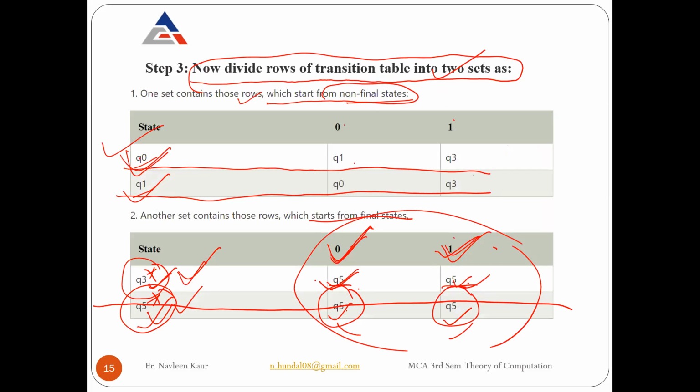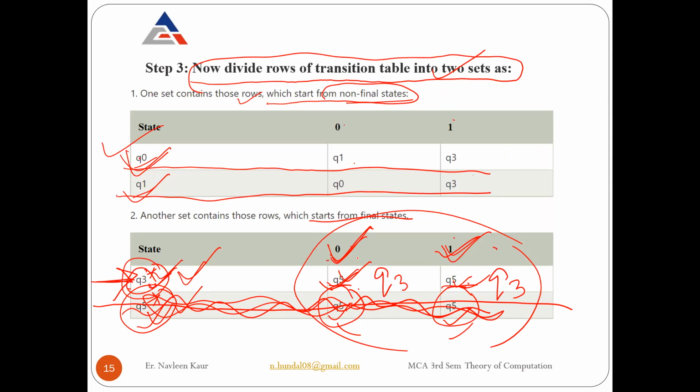It means I have just deleted this row. I am left with only one row, this very first row. And in the very first row, just replace this Q5 with Q3.